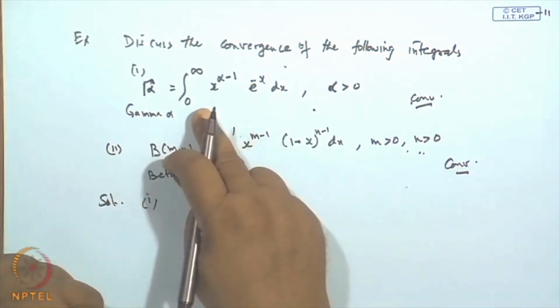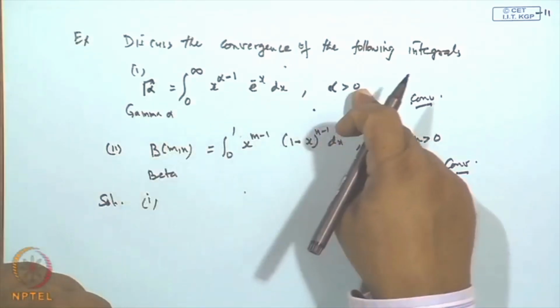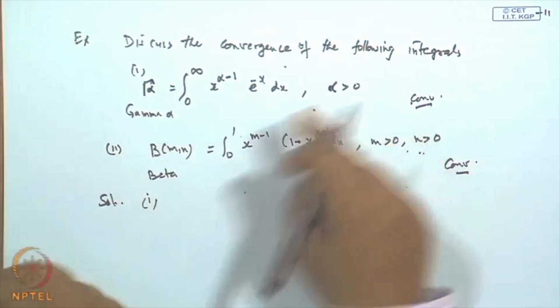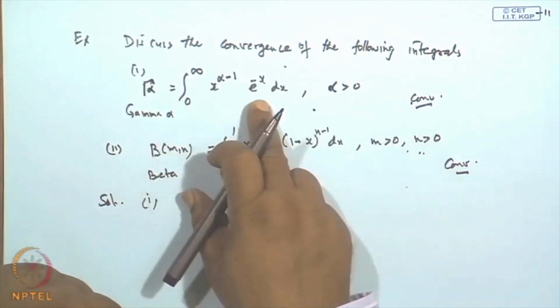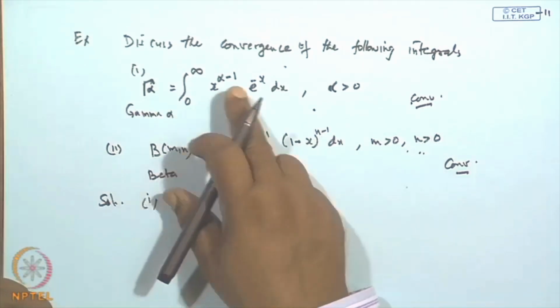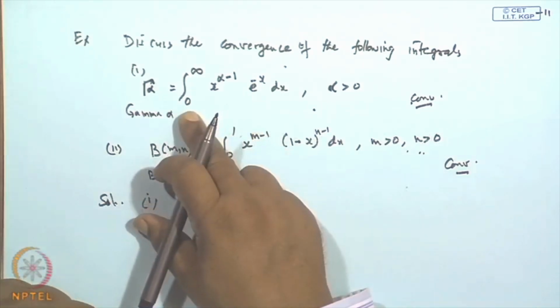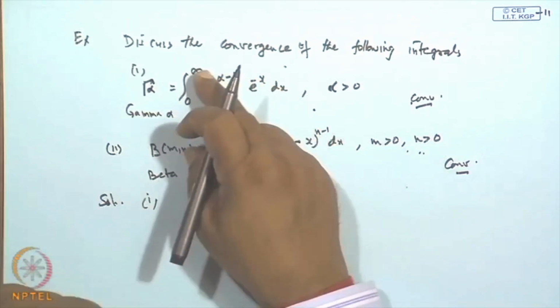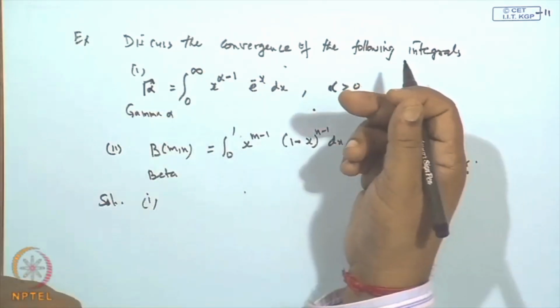Now if we look at this integral, when alpha is lying between 0 and 1, x will come in the denominator, so it becomes unbounded when x is 0 at the lower limit. And then because of the upper limit, it is a mixed, again an improper integral.